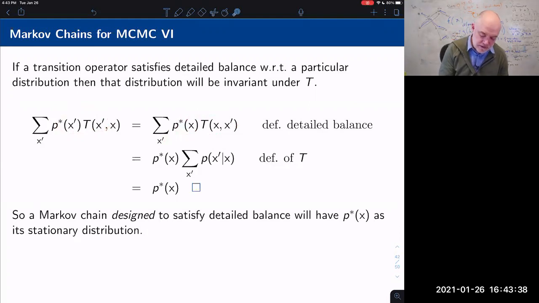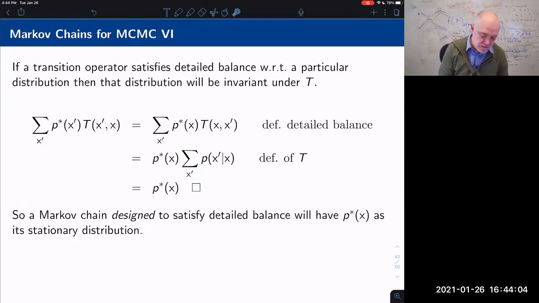If you remember that this is now x to x prime, so T here is the probability of x prime given x. This is just P star of x as before, so it comes out of the sum because it doesn't have x prime in it. This has x prime as a descendant node, so we know that we can just marginalize that, and that is 1 for all values of x, right? That's basically the definition of T that gets us this.